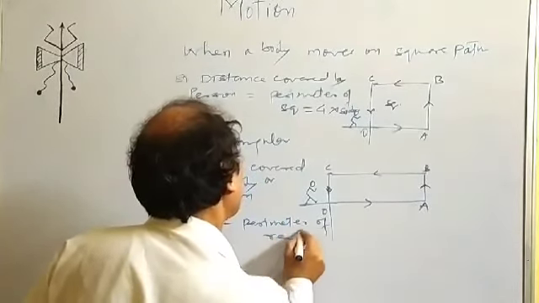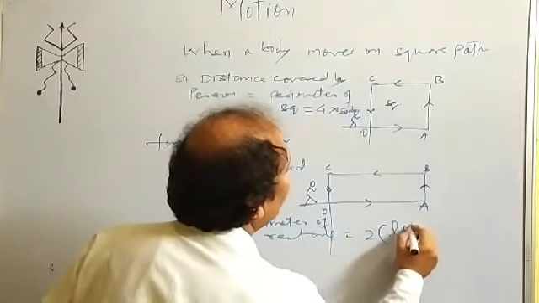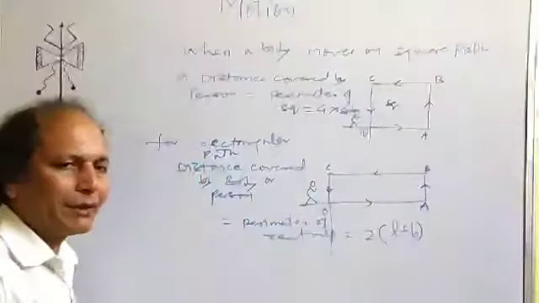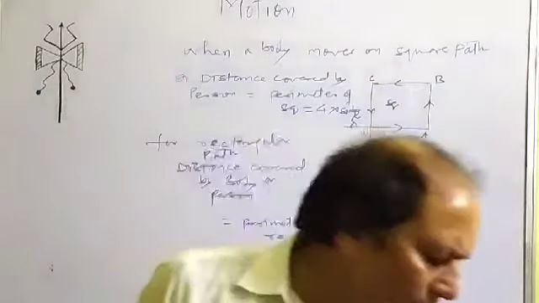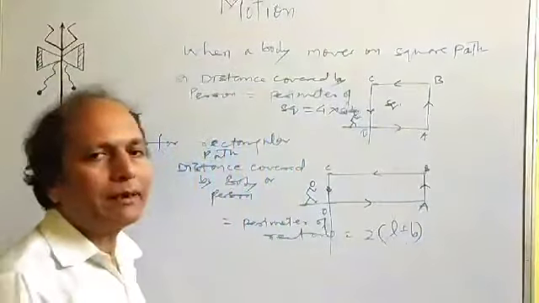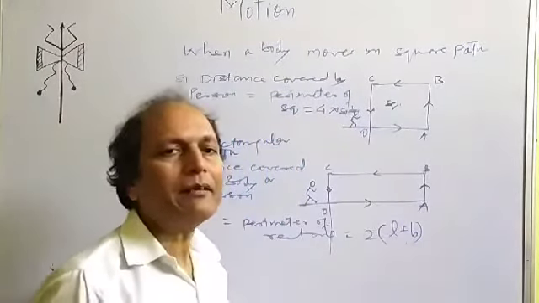Perimeter of a rectangle equals 2 times L plus B. Very simple. In the next case, I will tell you if a body or a person moves on a triangular path, it will similarly be the perimeter of the triangle.